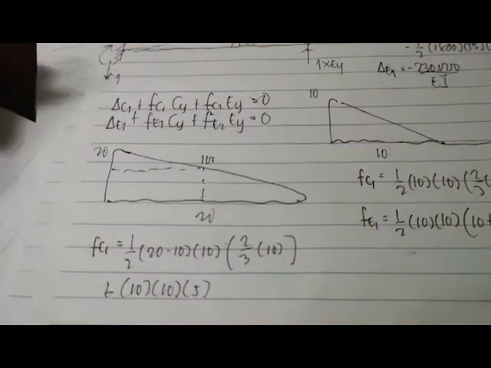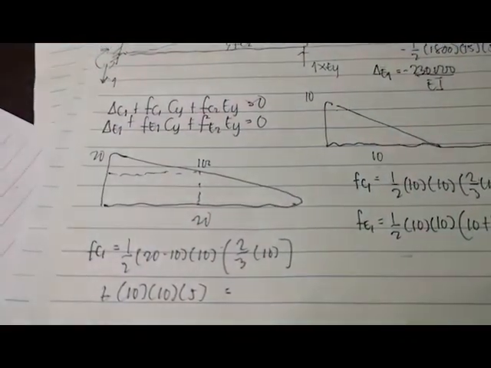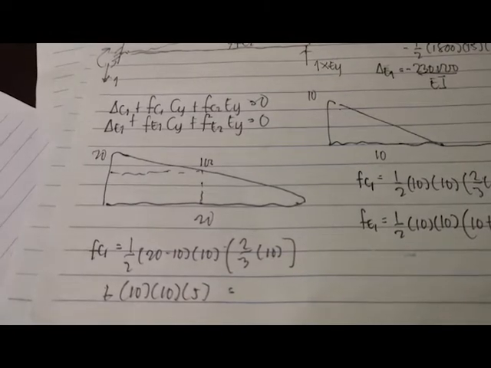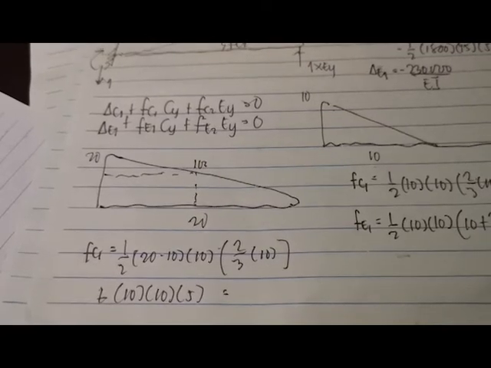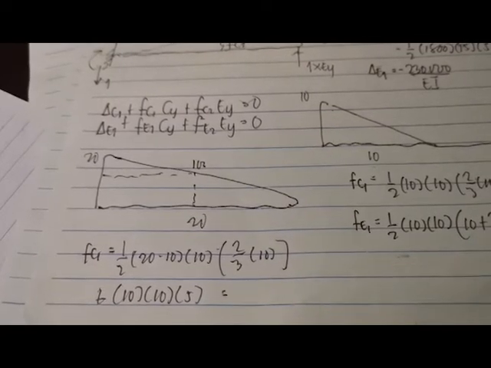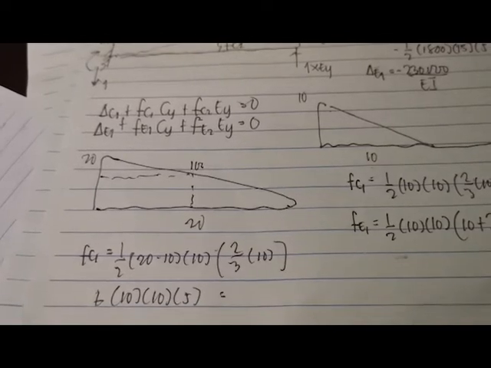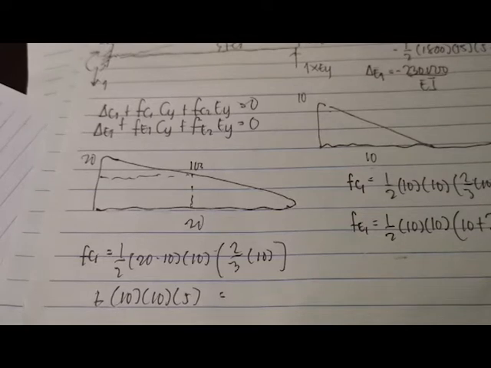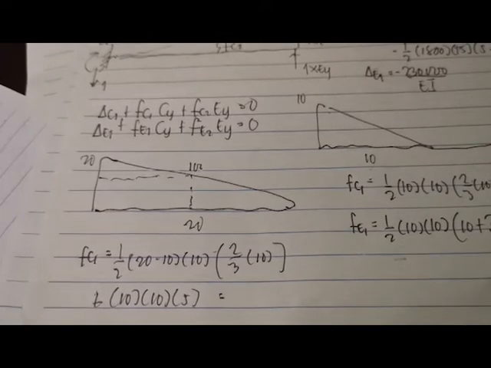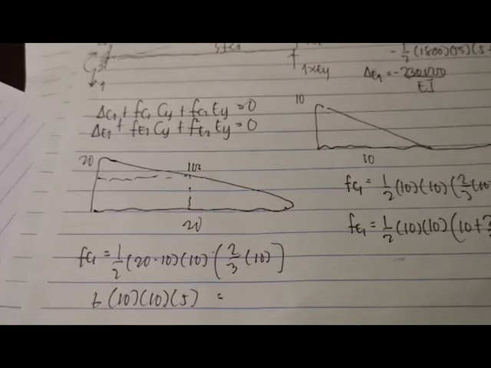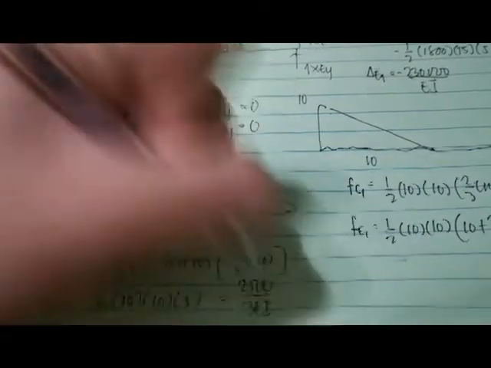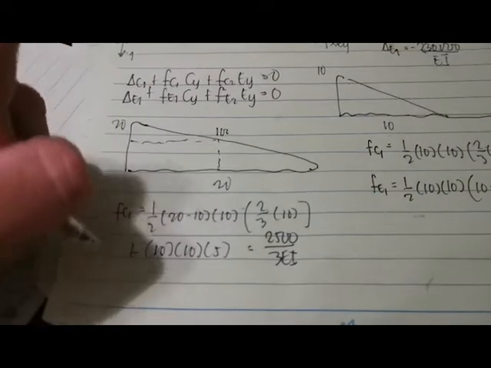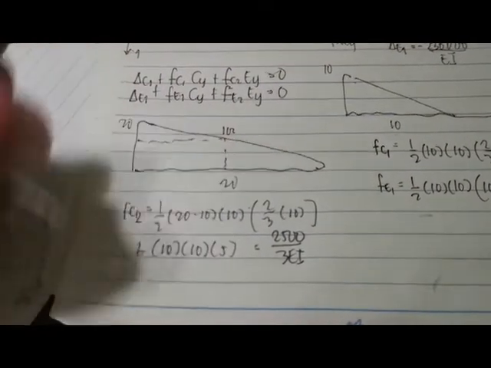No, FC2 will now become 1/2 times 20 minus 10 times 10 times 2/3 of 10, so plus 10 times 10 times 5. This is 2,500 over 3 EI. Okay, FE, this is FC2 rather.